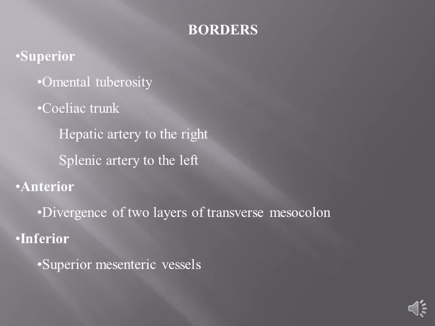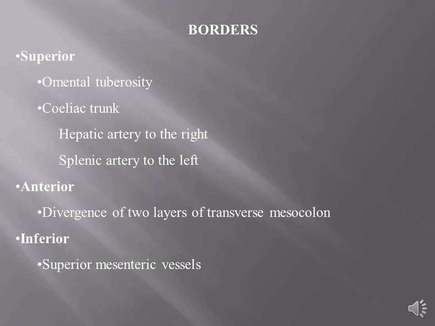Coming to the borders of the body, again it has three borders because it is a wedge-shaped part of the pancreas in cross-section. The superior border has an elevation known as the omental tuberosity, which projects above the lesser curvature of the stomach and comes in contact with the lesser omentum across the lesser sac. That's why it is known as tuber omentale.